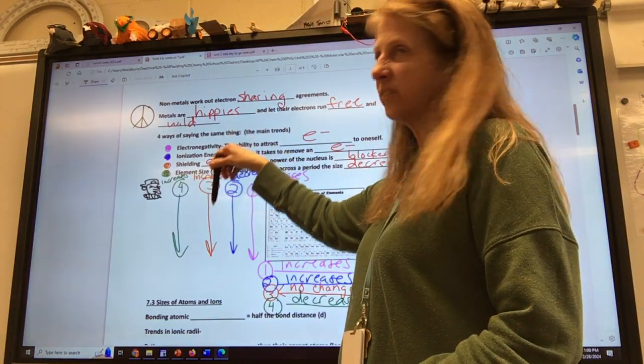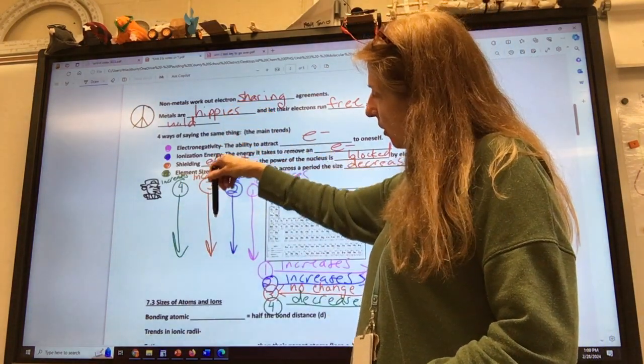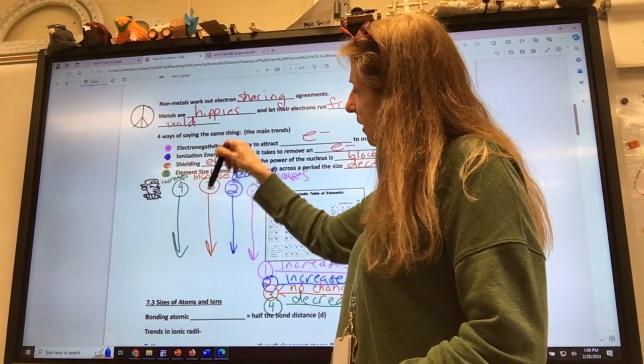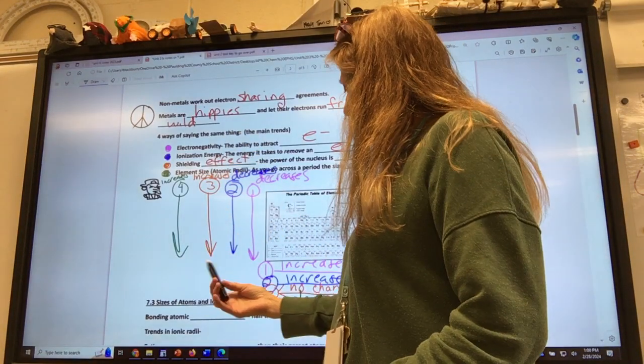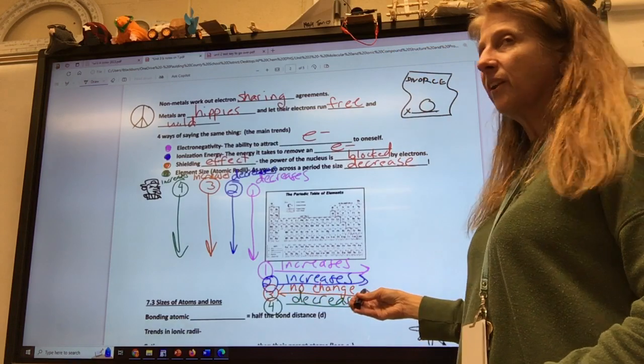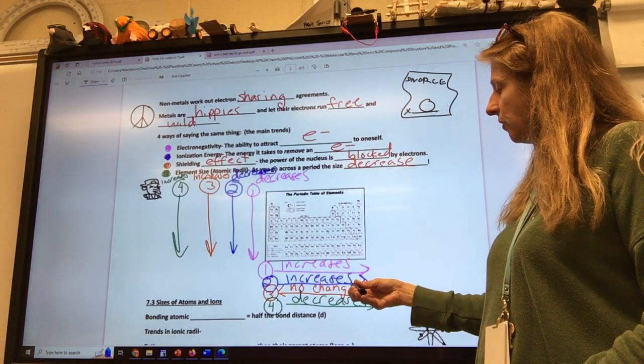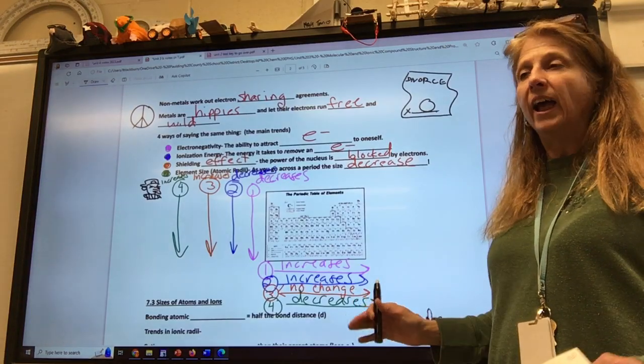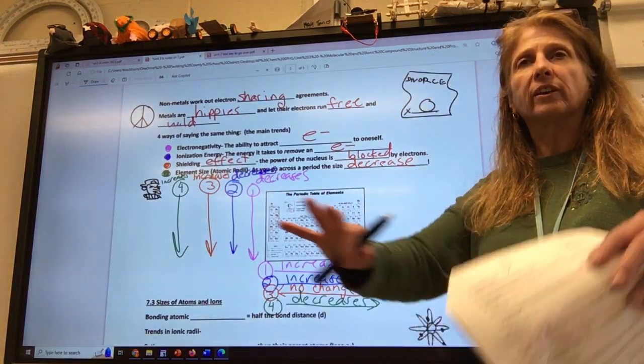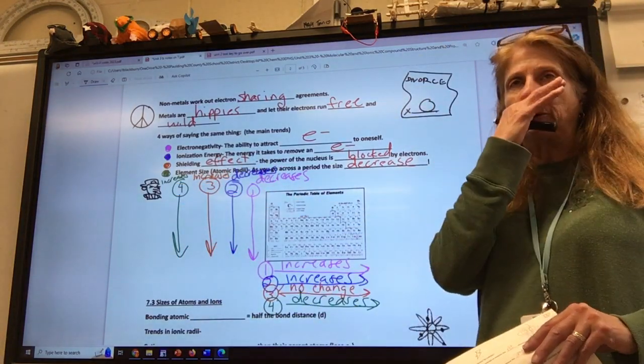They're going to start influencing each other. So the more you go down, the shielding effect increases. But as you go across, there's no change because they're starting to hold their electrons tighter and tighter, and the nucleus can still have power over those electrons.